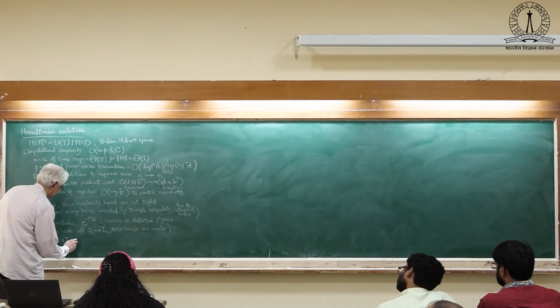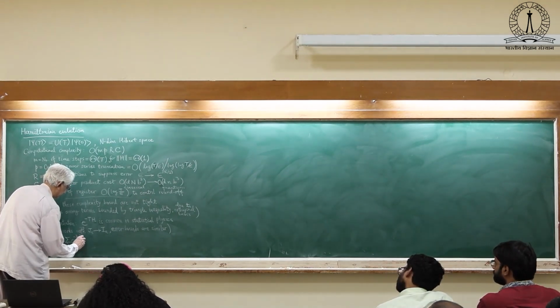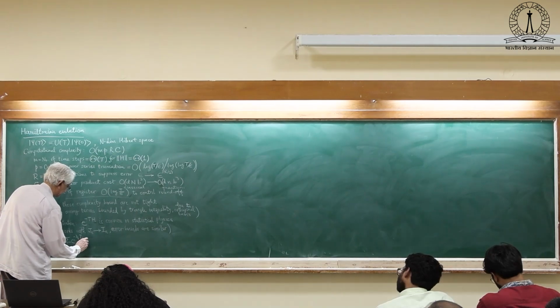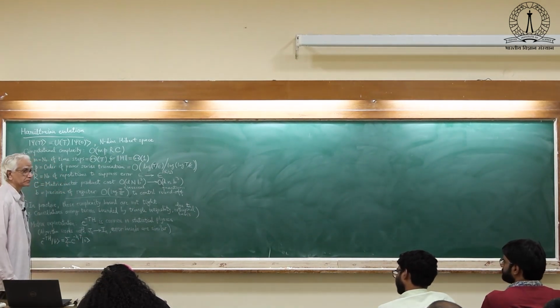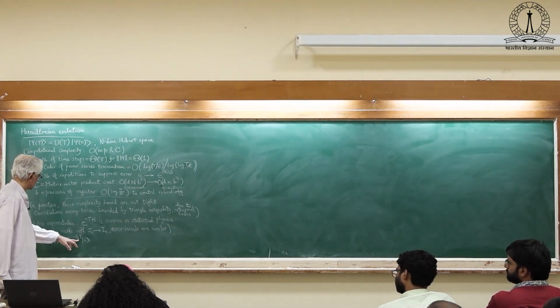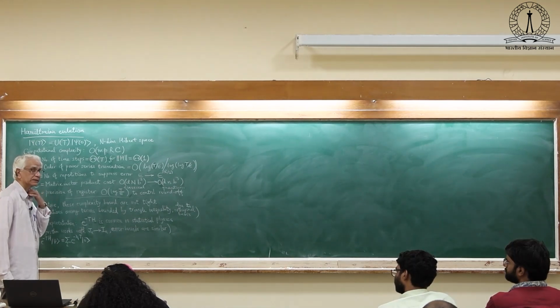So then it will look like e raised to minus lambda_i times t, and the i's are the set of eigenvectors.